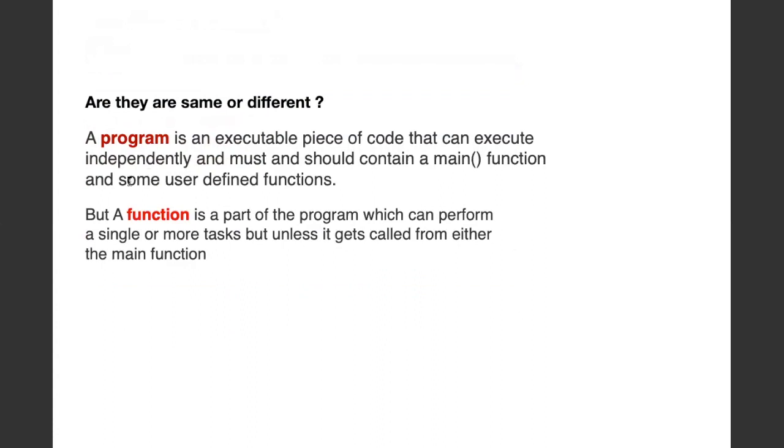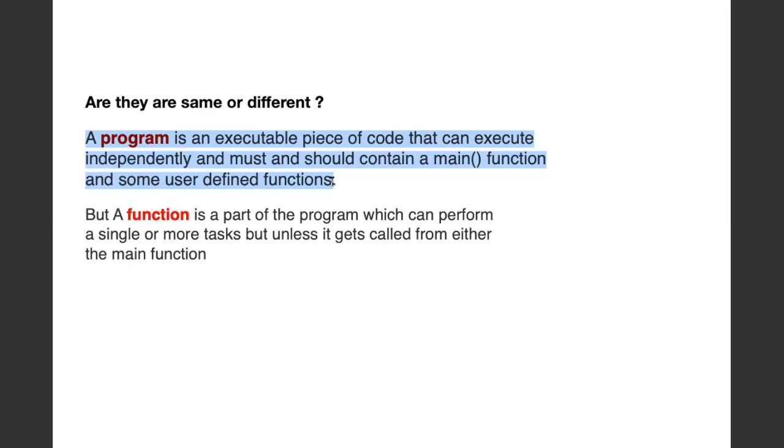So now we are going to see exactly what a program is and what a function is. Have a look at the definition of a program carefully. A program is an executable piece of code that can execute independently, and a program must and should contain a main function. It can have some other user defined functions too, but it must compulsorily have a main function.